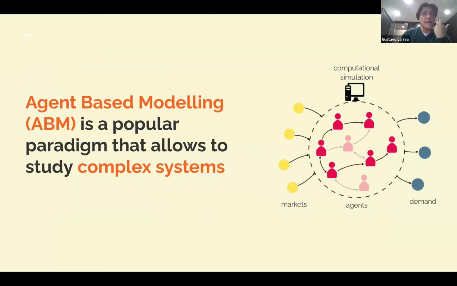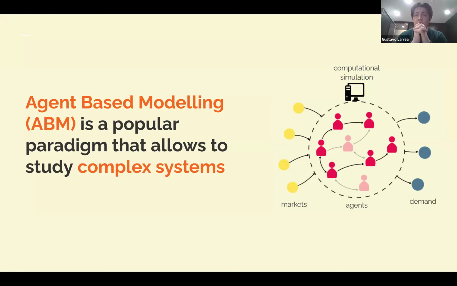Now, being this said, in this context, agent-based modeling has arisen as a popular paradigm for studying these complex systems, such as socio-technical systems. In a nutshell, agent-based modeling, or ABM, is a bottom-up modeling paradigm in which the system behavior emerges from the interaction of the agents.